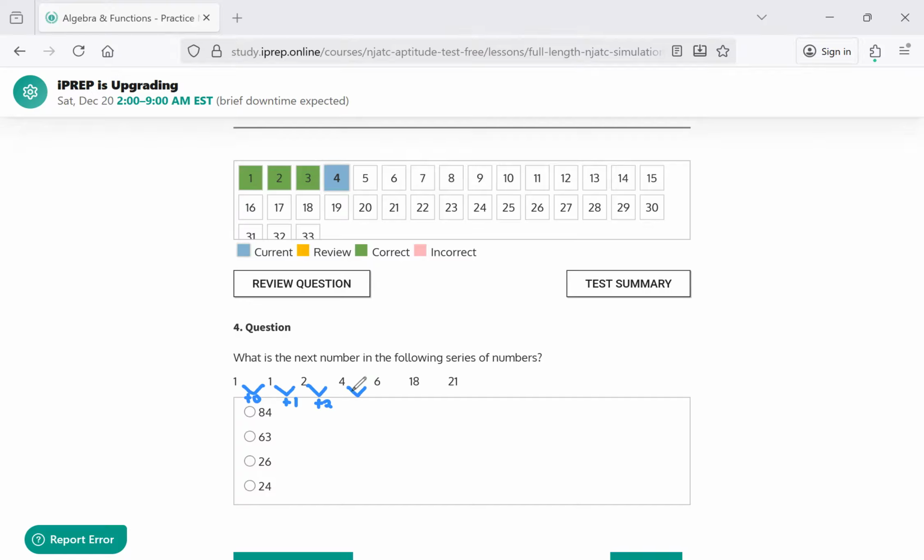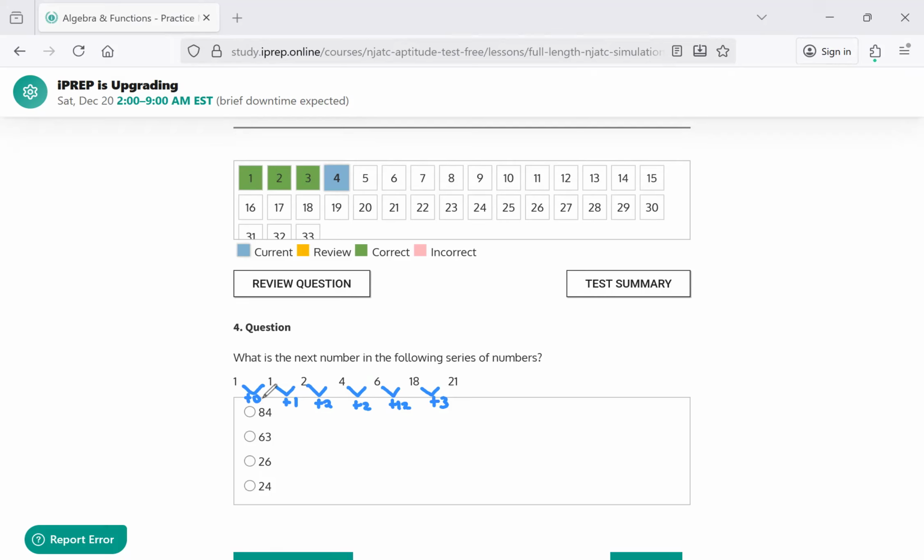From 4 to 6, you had to add 2. From 6 to 18, you had to add 12. And from 18 to 21, you had to add 3, I believe. Okay, that's not good. It doesn't look like a good pattern, right?